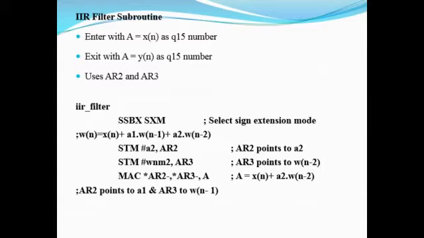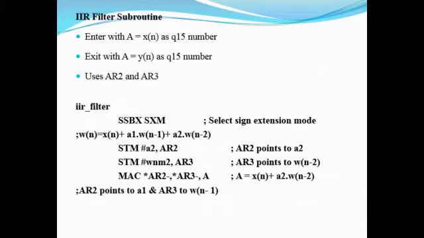Then the MAC instruction is used so that the product is added. So this is adding the product term. This is one product term, this is another product term. These product terms are being added to x of n, and this is performed by the MAC instruction.